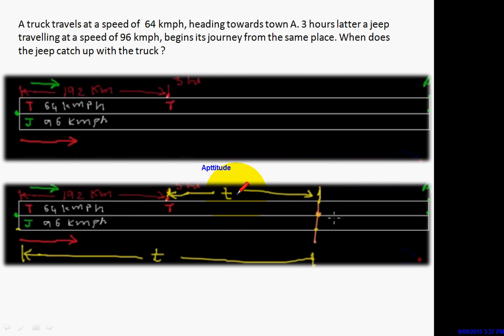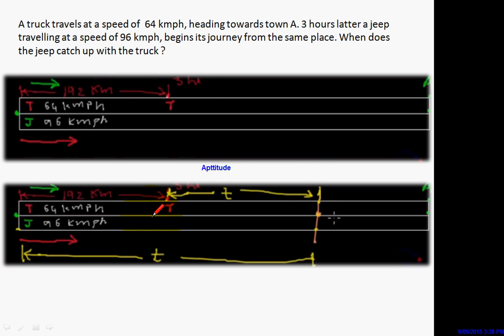So the t hours is common, but the distance varies. Within t hours, the truck has to cover this distance. Already it has crossed 192 kilometers, so now it has to cross the rest in t hours, whereas the jeep is now at the starting position only.